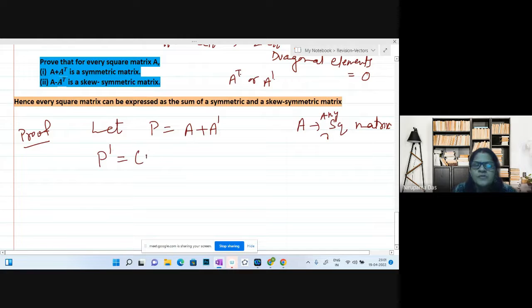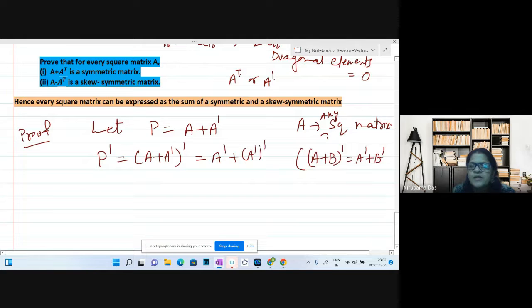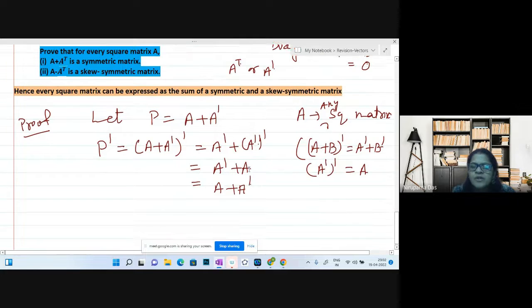So P transpose means transpose of A plus A transpose. And we know transpose of A plus B equals A transpose plus B transpose. It is one of the properties. So here A transpose plus transpose of A transpose. And we also know transpose of A transpose is A itself. So A transpose plus A, that is equal to A plus A transpose, since matrix addition is commutative.